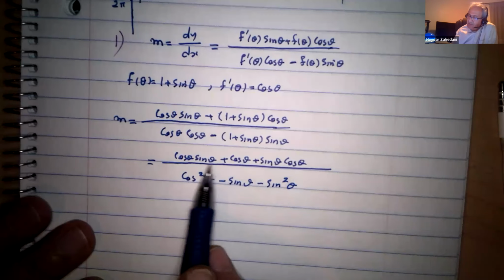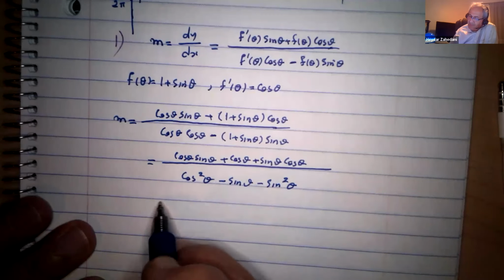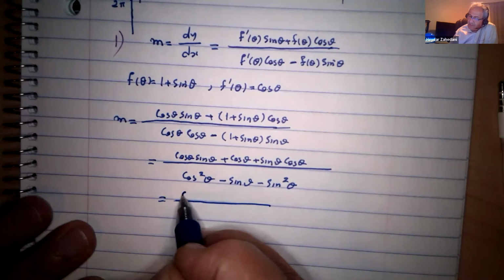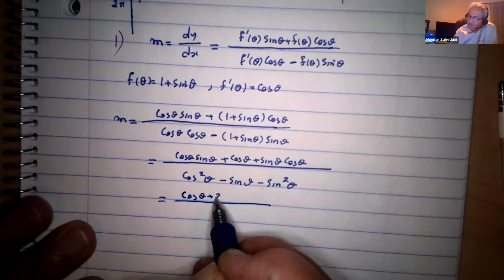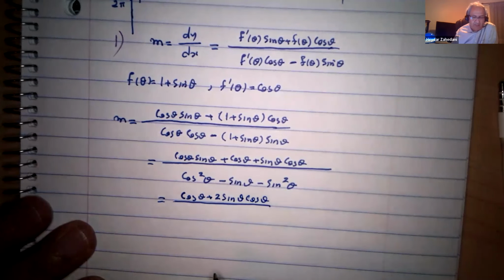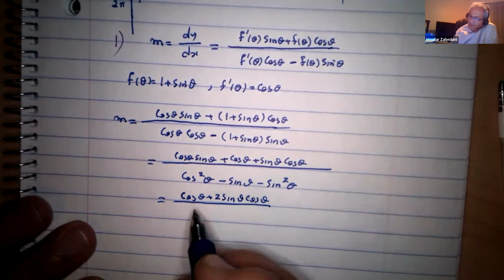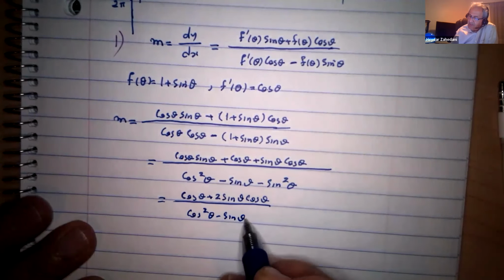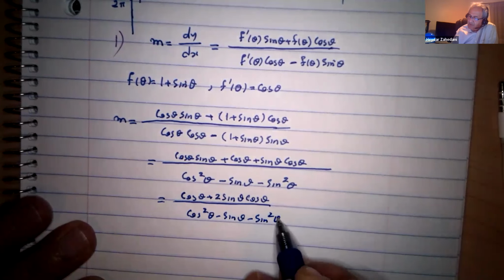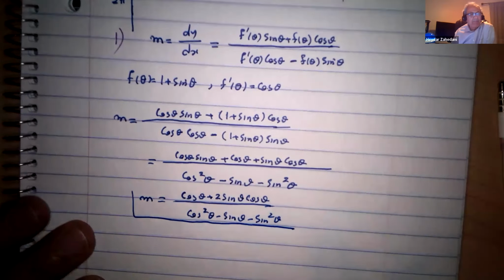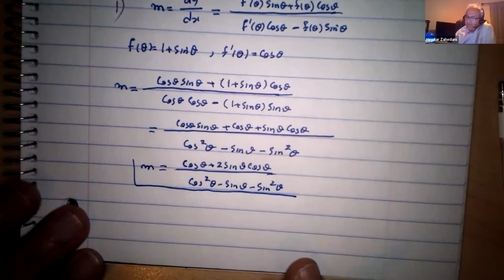Okay, on the top, this would be 2. So it's equal to cosine of theta plus 2 sine of theta cosine of theta. And over here, it's going to be unchanged. So we have cosine squared of theta minus sine of theta minus sine squared of theta. So this would be m.